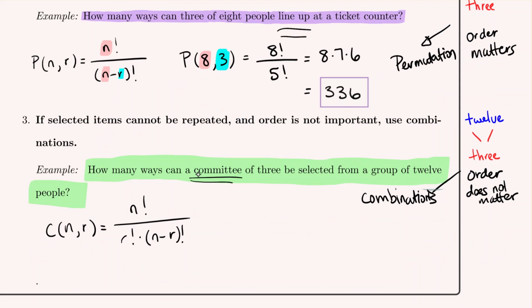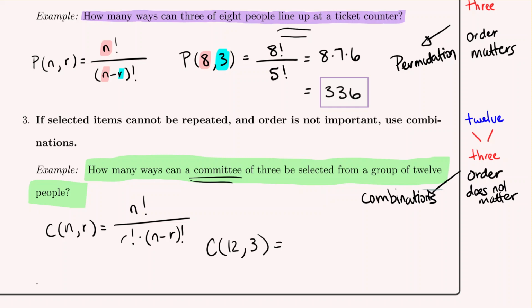Next, our final example, because it's a committee and order doesn't matter in committees, we're going from a larger group to a smaller group. We know we use the combination formula. Here in particular, it's the combination from 12 as the larger group to only 3.